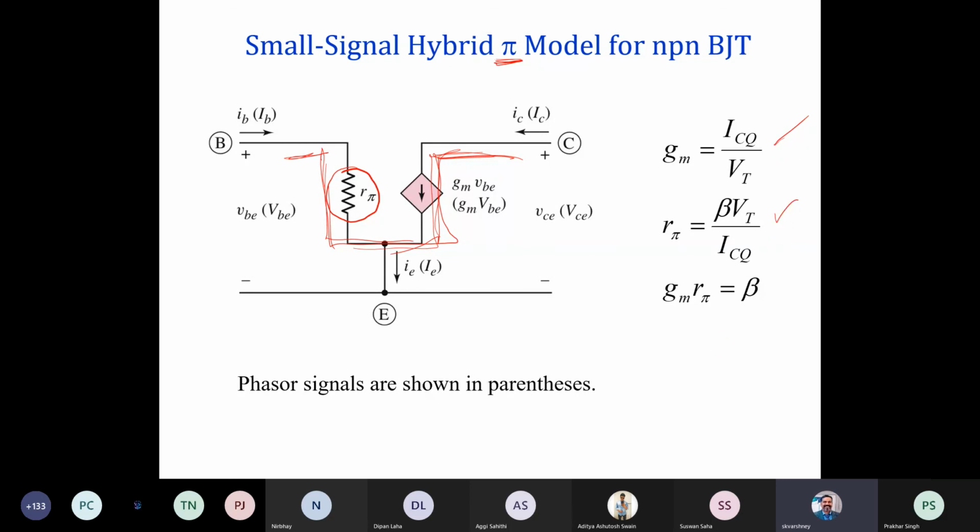For any given circuit, you're representing the BJT standalone device in AC equivalent form like this. Now the other components which are present, like the resistor at the base and the resistor connected at the collector terminal, we are going to add on here.